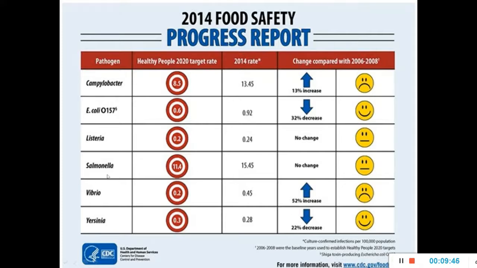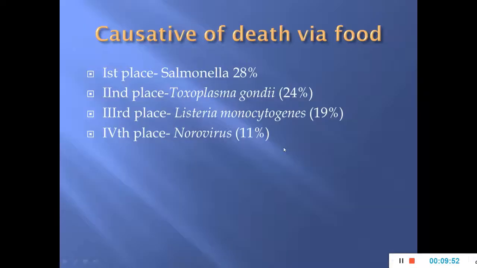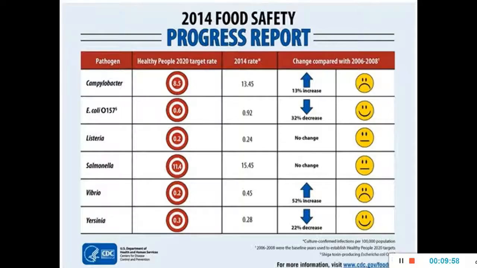But something of very much importance is Salmonella. There is not much change, and as we mentioned earlier, death is mainly caused by Salmonella species, which occupies the first place in the extent of deaths caused. So much care has to be taken to prevent infection by Salmonella.